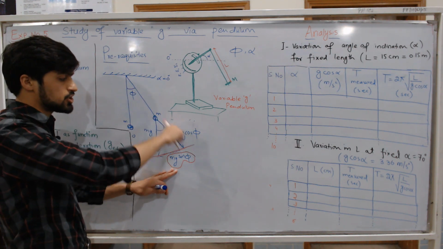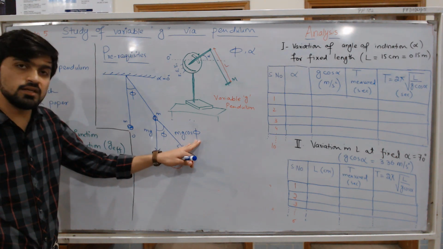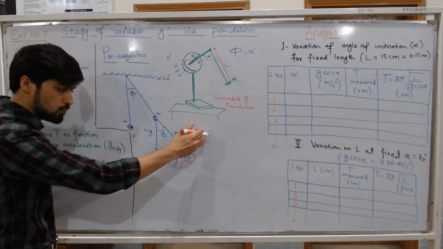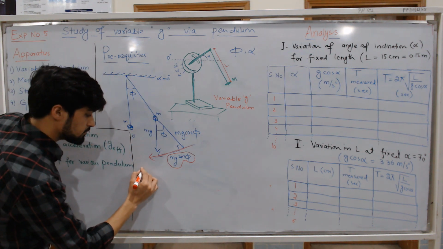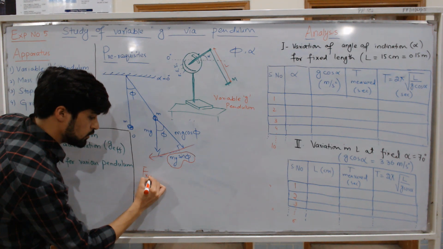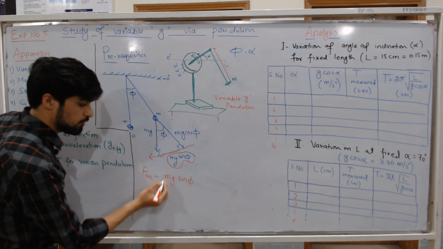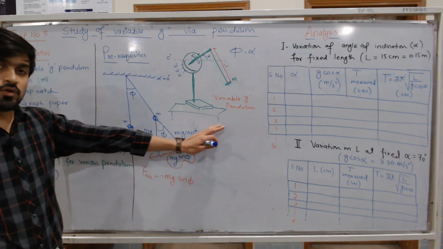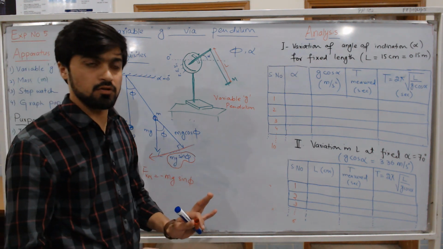So along this direction, mg cos phi has no use here. So this is the ineffective component. The effective component is this one. This is responsible to move the pendulum back to its mean position. So I can say that this restoring force is equal to mg sine phi. And for the restoring force, I will use a negative sign, and it indicates the restoring force.